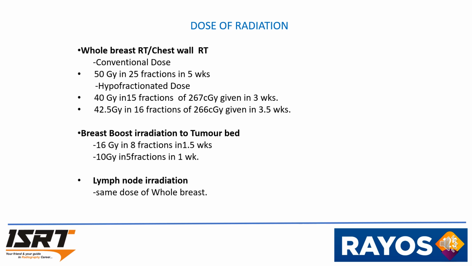Then 40 gray in 15 fractions of 267 centigray given in 3 weeks, or 42.5 gray in 16 fractions of 266 centigray given in 3 weeks. Breast boost irradiation to tumor bed, 16 gray in 8 fractions in 1.5 weeks and 10 gray in 5 fractions in 1 week. Lymph node irradiation, same dose of whole breast.